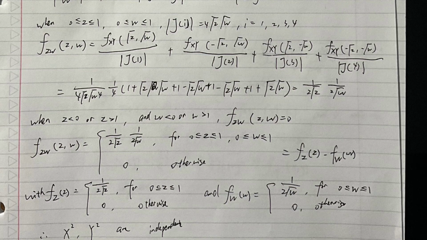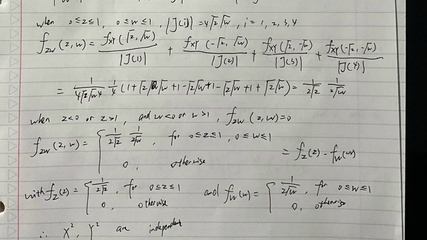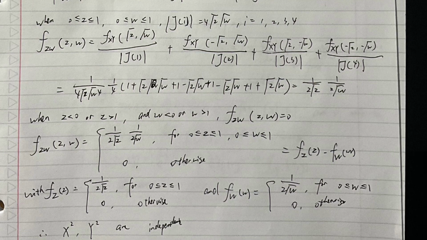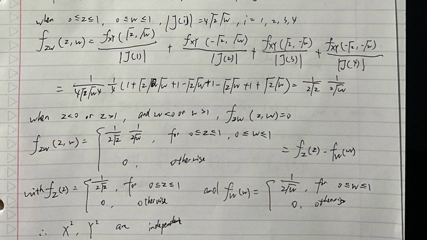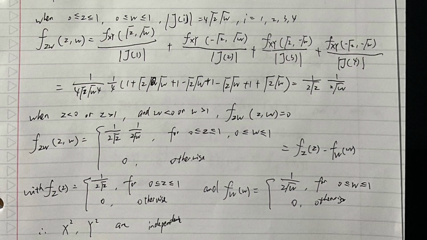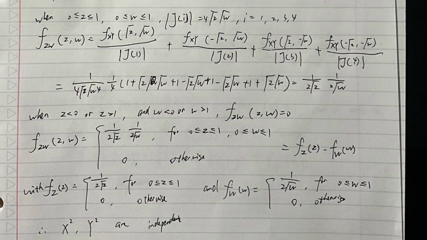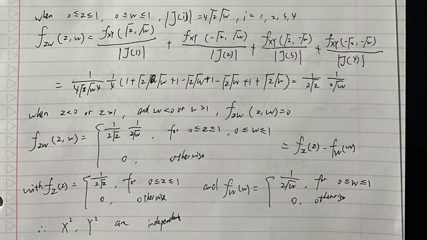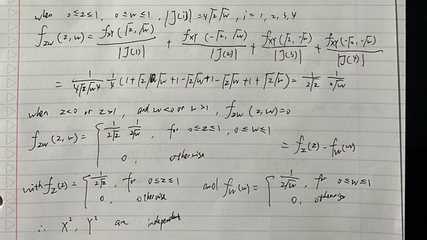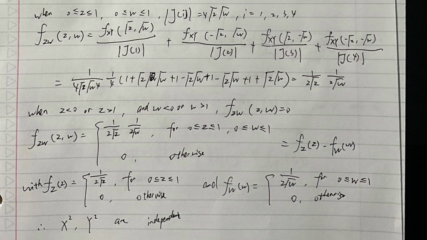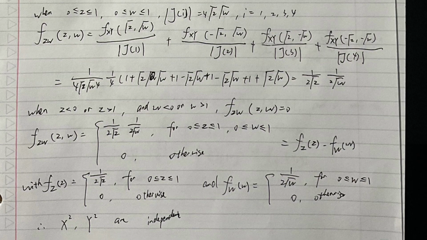So we can get the answer is 1 over 2 root z multiplied by 1 over 2 root w. And when z is smaller than 0 or z bigger than 1, or when w is smaller than 0 or w bigger than 1, f_ZW equals 0.